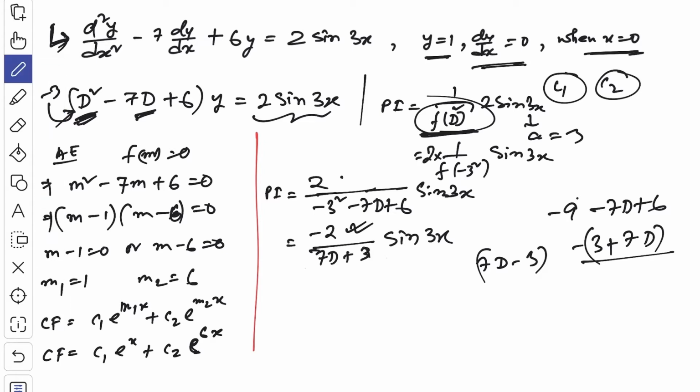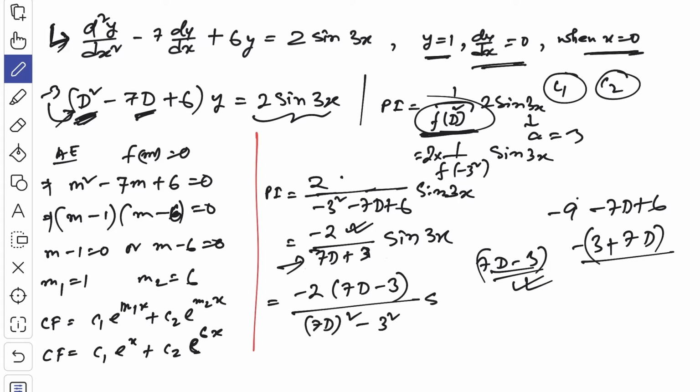7d plus 3 we have here. So let us multiply 7d minus 3 with both numerator and denominator. Then what we will get? Minus 2 into 7d minus 3, and if you multiply this with this denominator, then you will get minus (7d) whole square minus 3 square, and here it is sine thrice x.